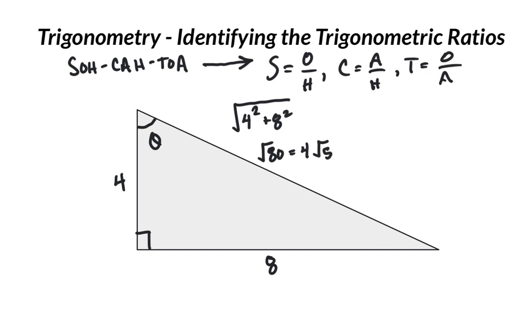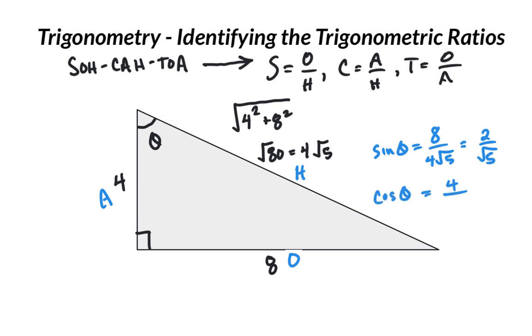So now from the angle right here that we were given, I like to label the hypotenuse, the adjacent, and the opposite. So the sine of theta is opposite over hypotenuse. Reduce that a little bit. Cosine is adjacent over hypotenuse, which we could reduce even more, or even nicer.